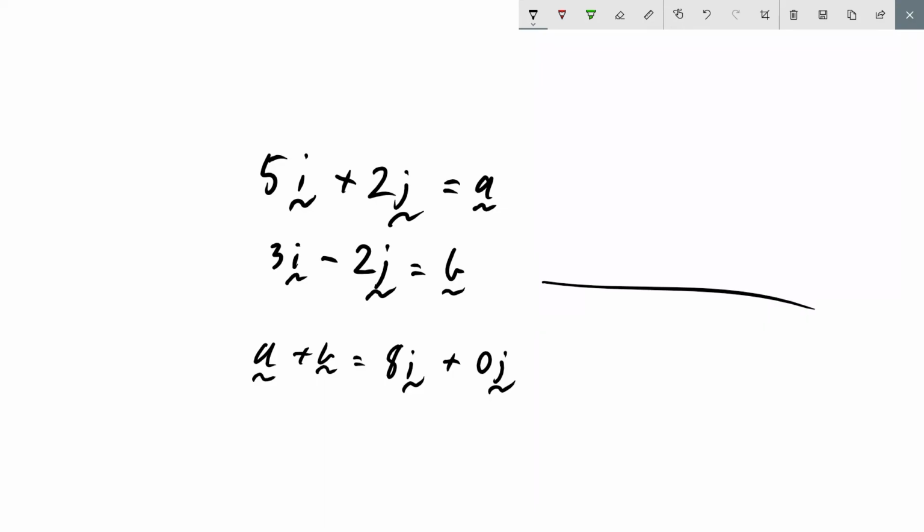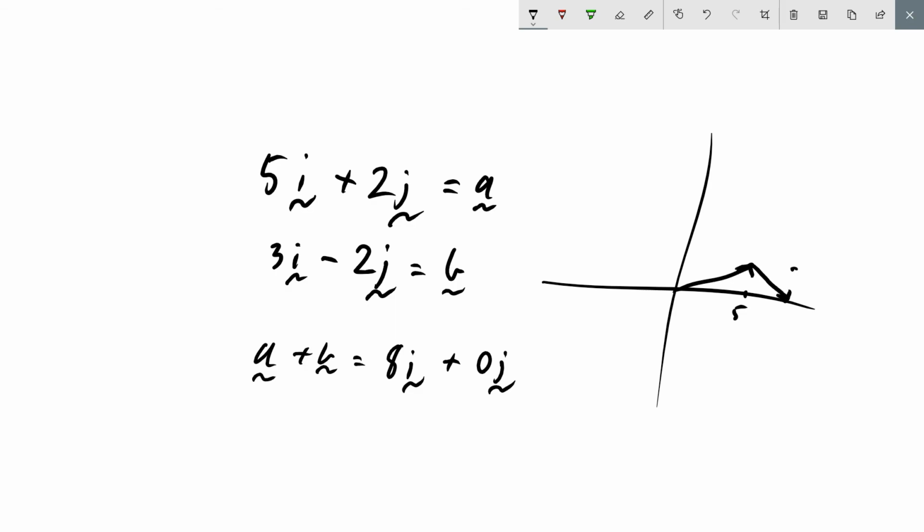And if we were to look at this, we would go 5 that way and 2 up. So there's vector A. And then vector B, starting from here, I'm going 3 in the x direction, so here, and then I'm going down 2.